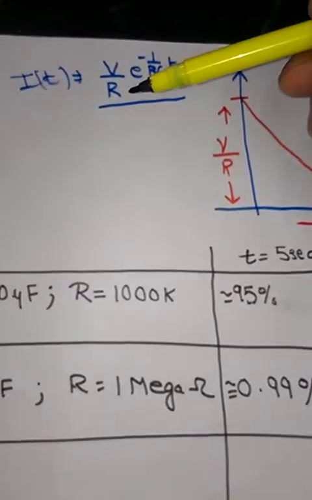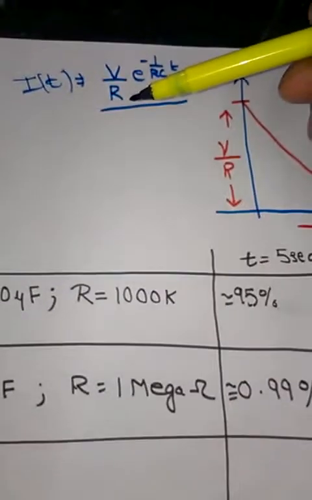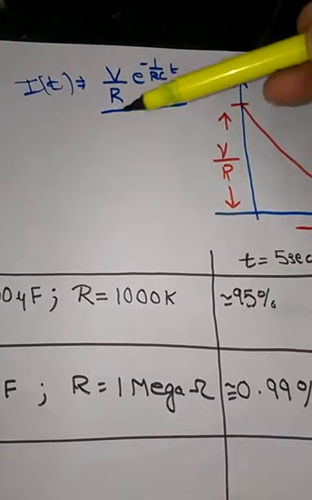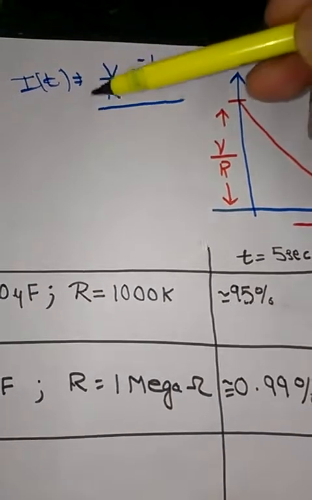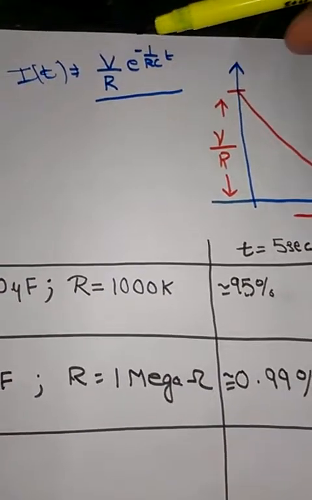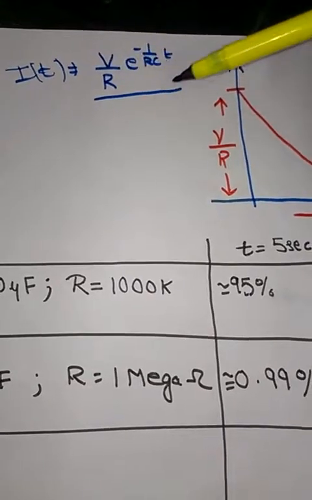This is V upon R times e raised to the power minus t upon RC. V upon R is the answer you would get if there is no capacitor in it, and this decays continuously and exponentially with time.